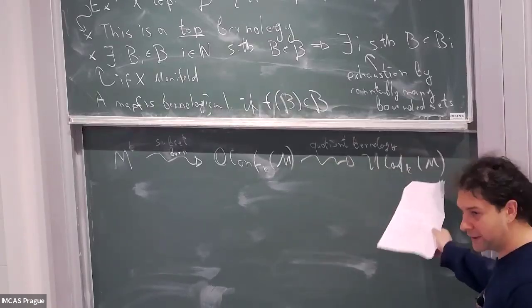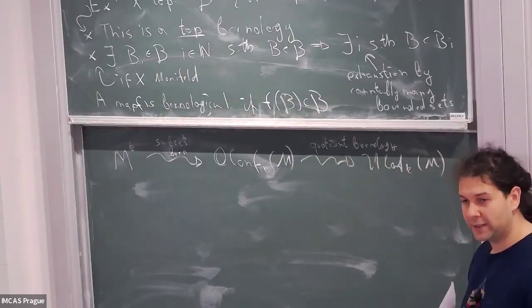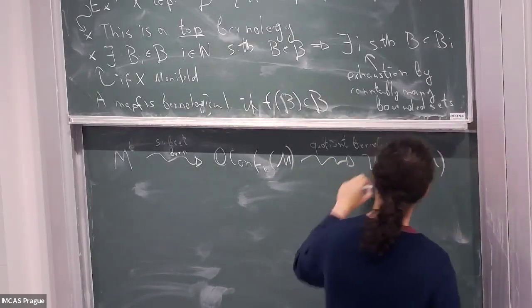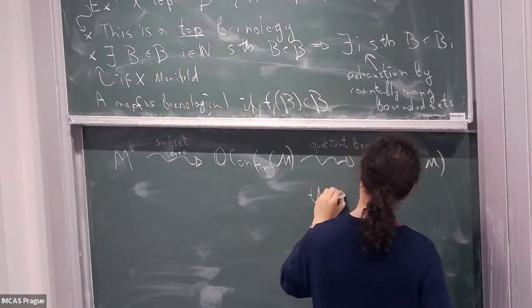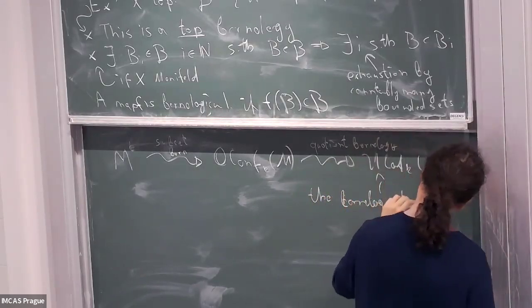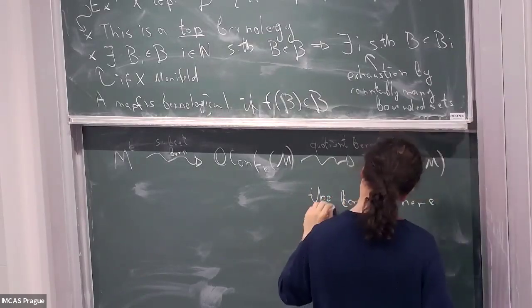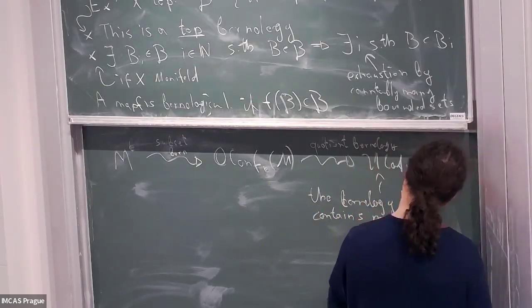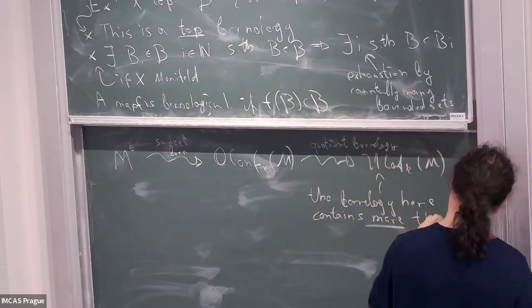The bornology we get here contains the pre-compact sets, but it has more sets than the pre-compact sets.